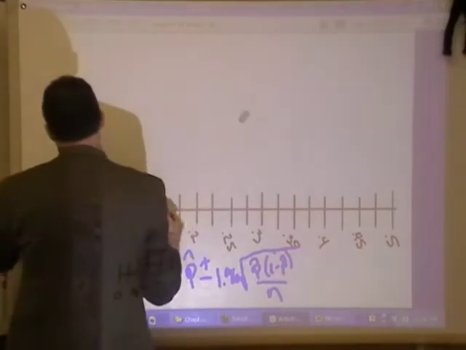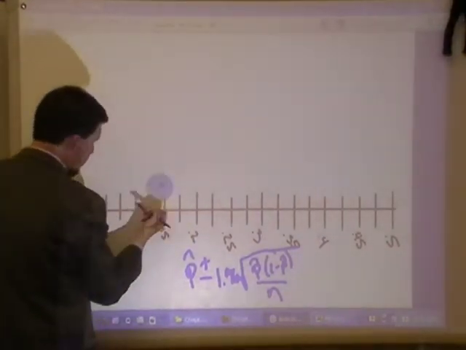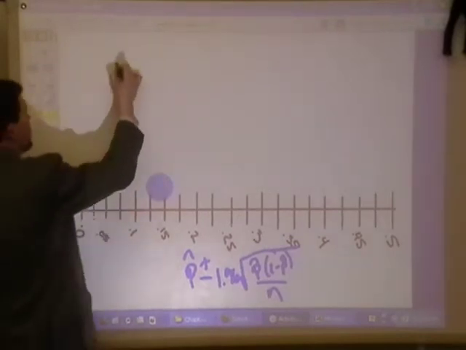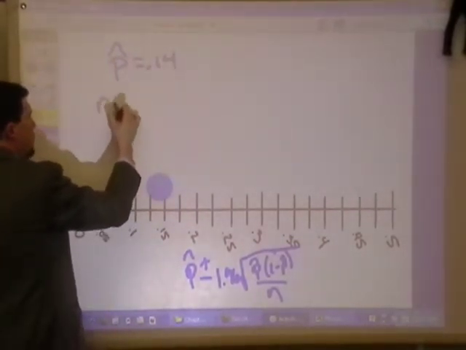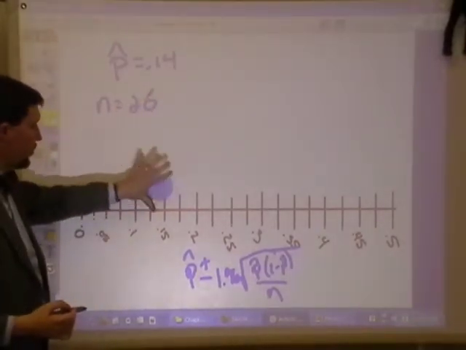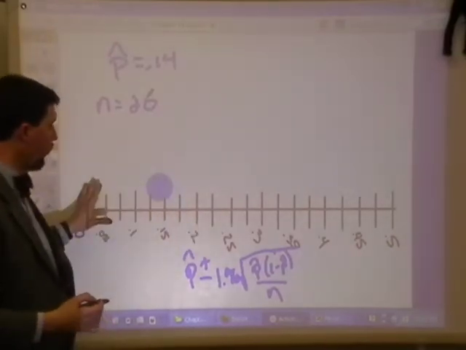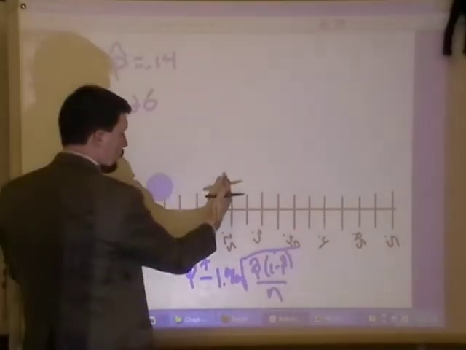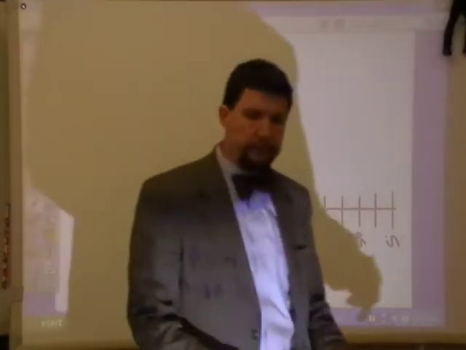So say, for example, that your value was 0.14. There it is, right there. Which means that your p hat is 0.14. Let's say that you had a sample size of 20. Okay, so we're going to create a confidence interval. We're going to go so far to the right and so far to the left to create this buffer zone. We'll do it in a minute.